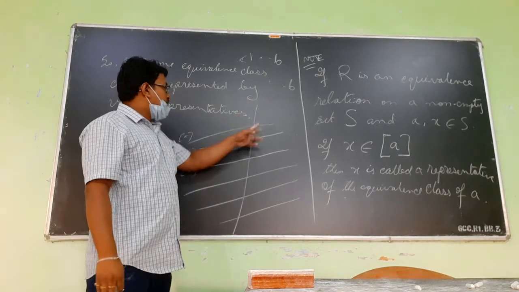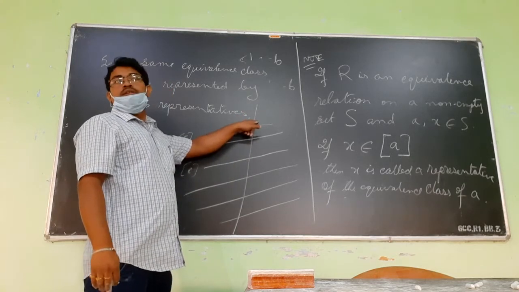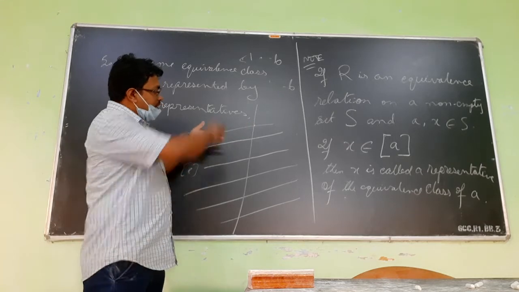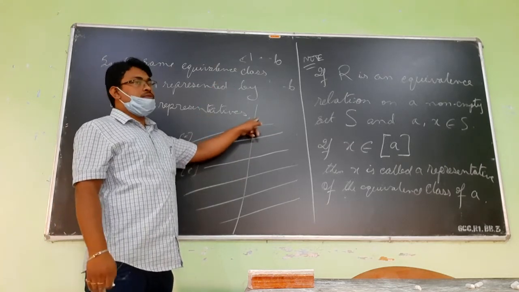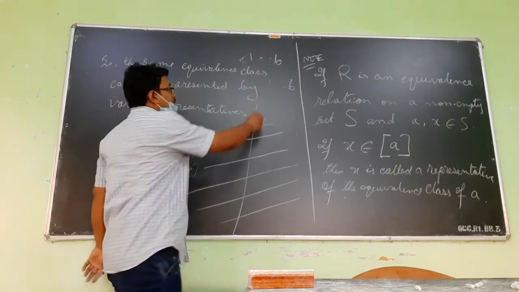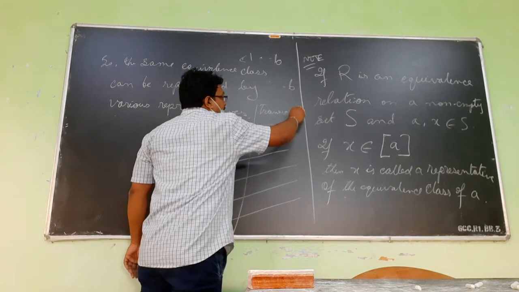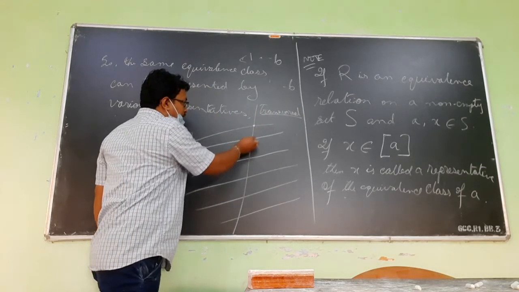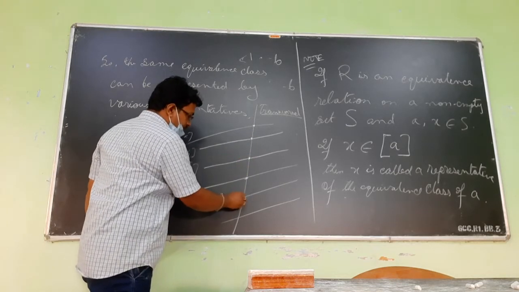If two parallel lines are intersected by this type of line, what is this line called, as known from geometry? Transversal. Yes, this line is called a transversal. So keeping this concept in mind, we can define a transversal of an equivalence relation also.